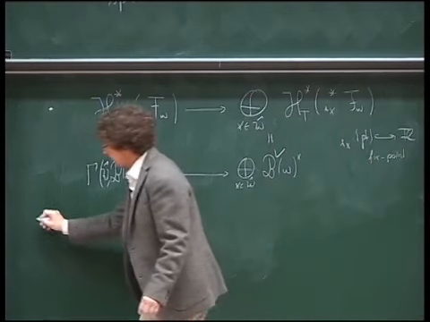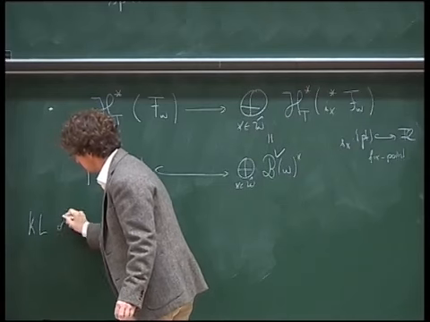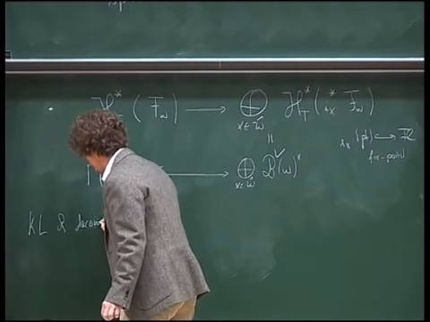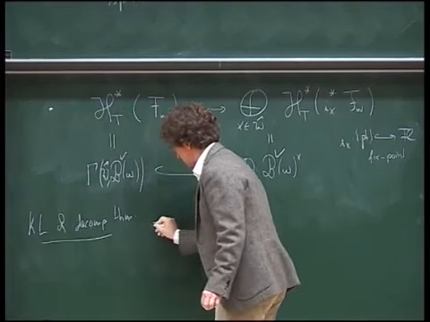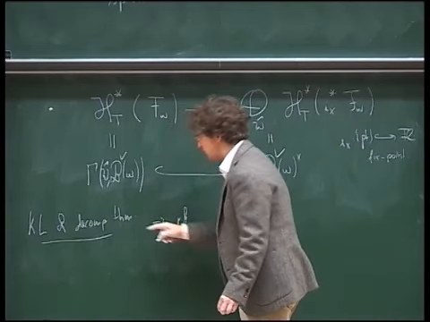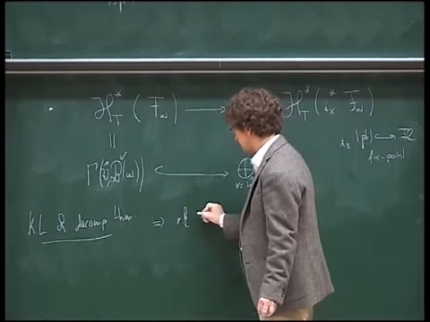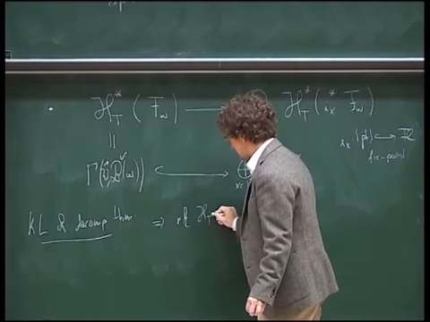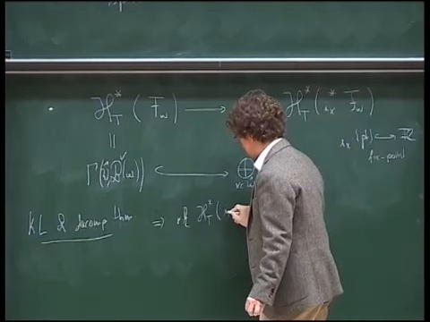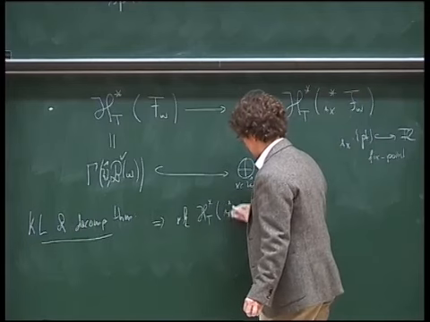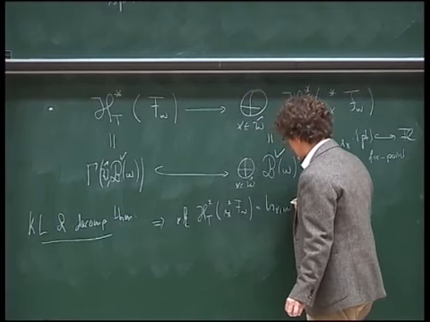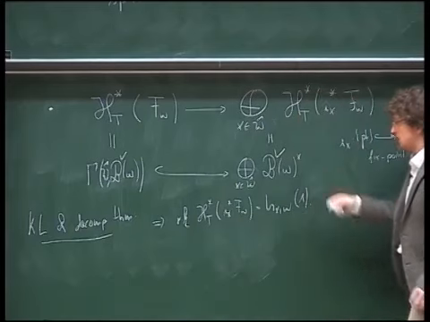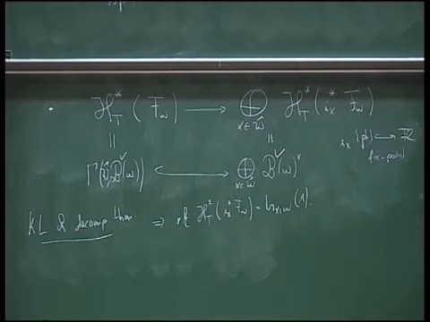So Lusztig and the decomposition theorem says that the rank of these spaces is given by an affine Kazhdan-Lusztig polynomial, and so this is the way how you can prove the main conjecture in characteristic 0.